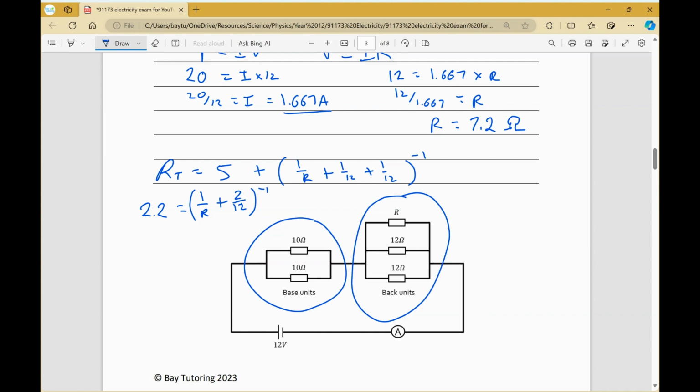So if we just rewrite that as 1 over all of this, now times both sides by that equals 1, then divide both sides by 2.2.